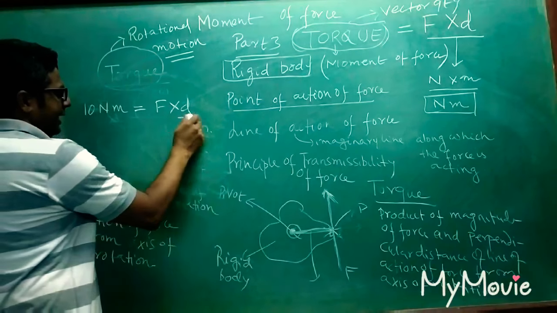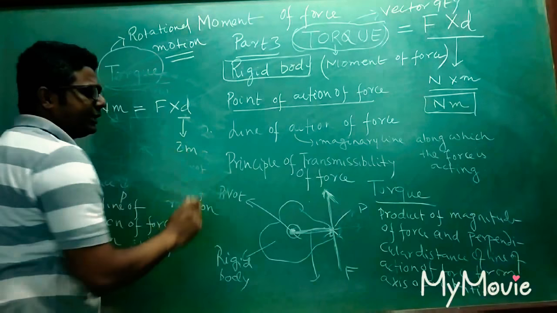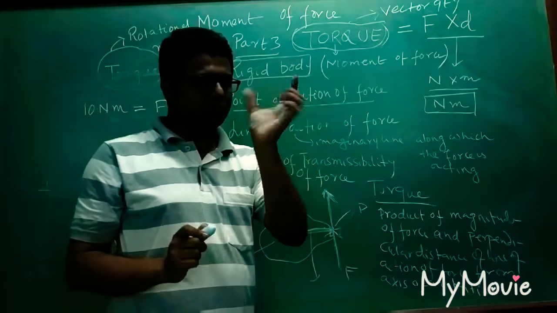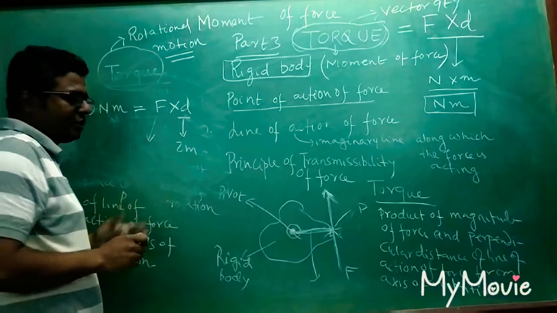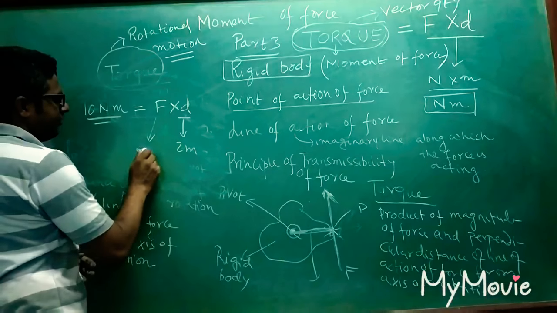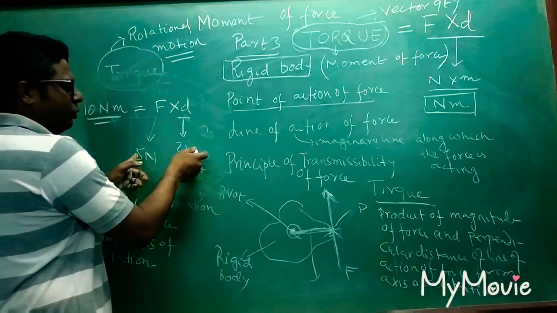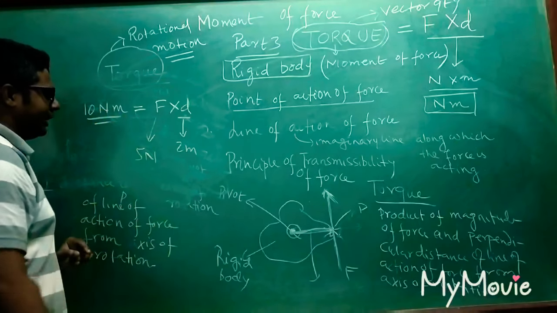One is I keep the distance 2 meter, that is close to the door hinge, very close to the door hinge. So how much force do I need to produce to get 10 Newton meter? 5 Newton, because 5 Newton into 2 meter will give me 10 Newton meter.